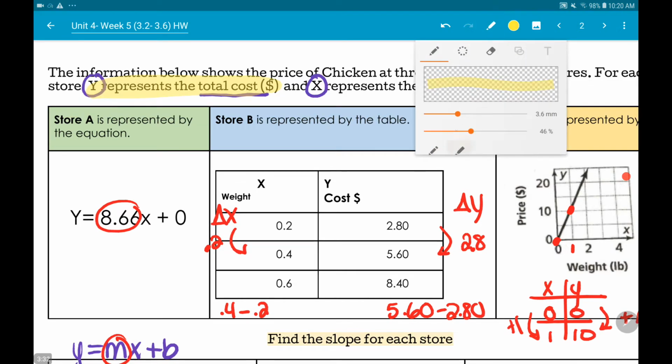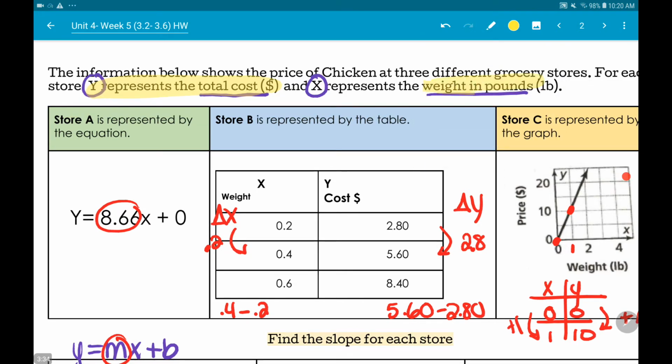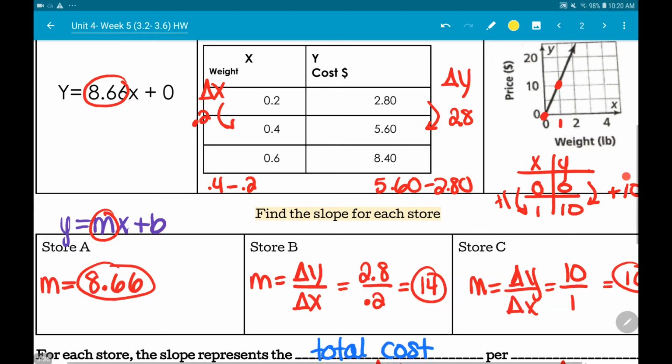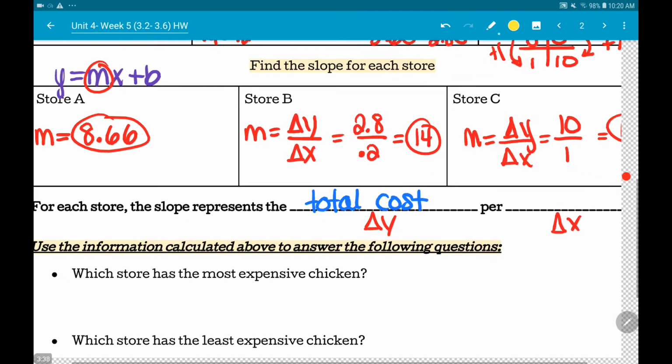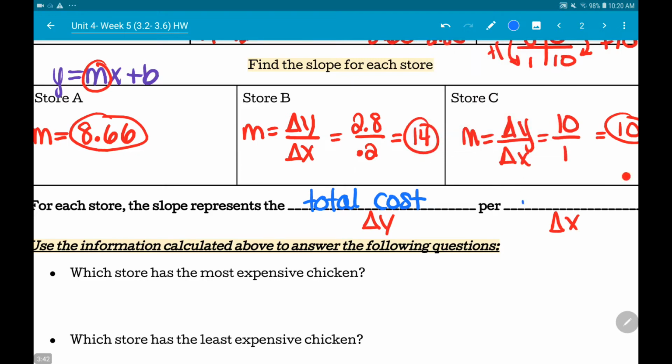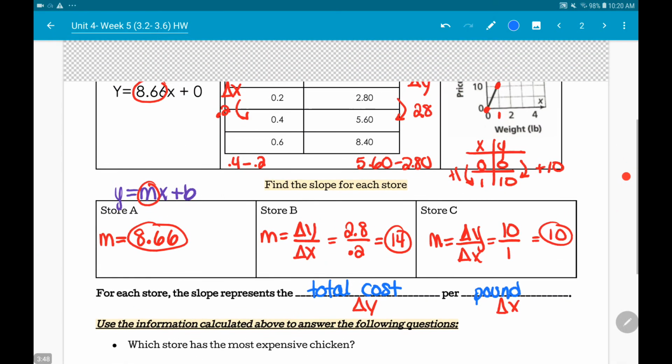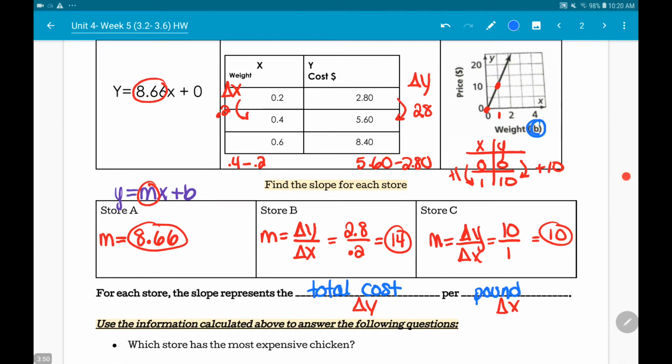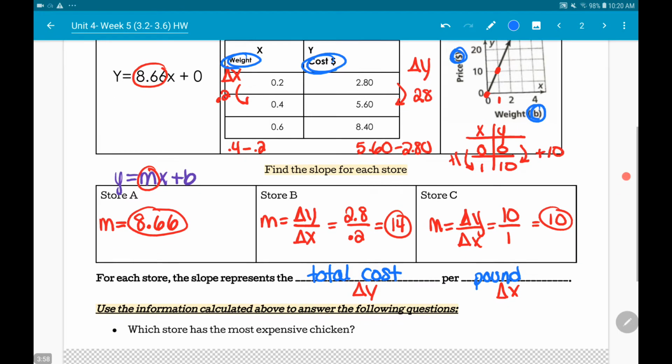So let's look at what the x represented. The x represented the weight in pounds. All right, so it's the total cost per pound. Okay, and I can also see that from my graph and my table. Okay, it's always the y value per the x value.